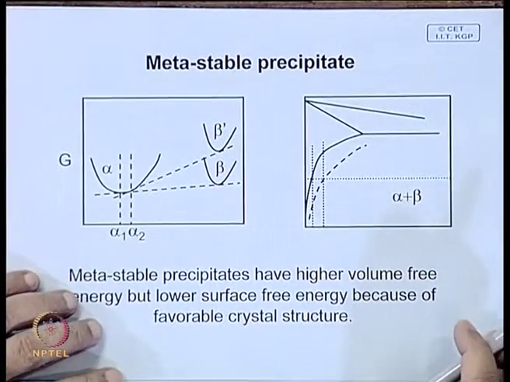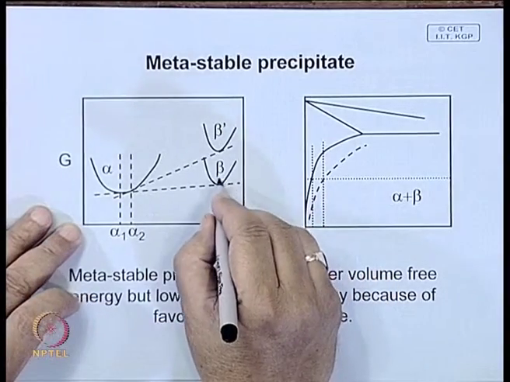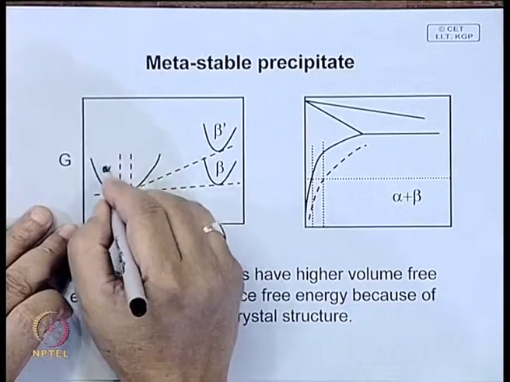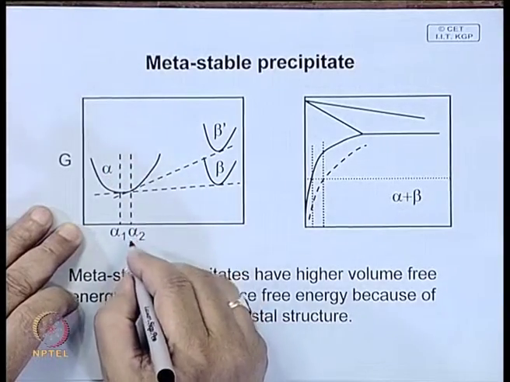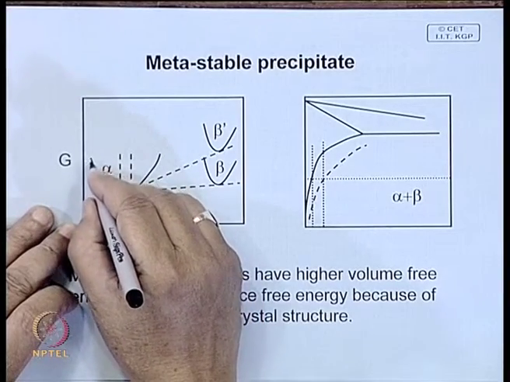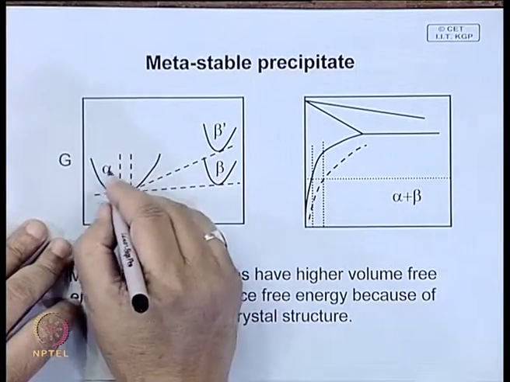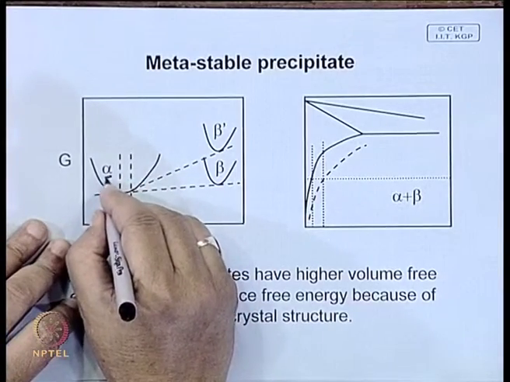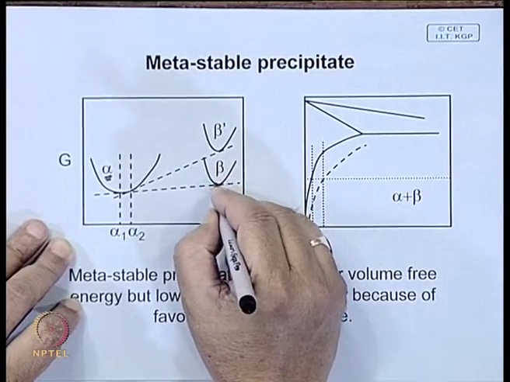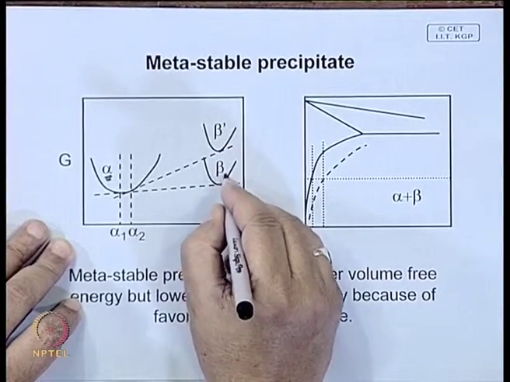Now, last class we introduced the concept of metastable precipitate. Suppose this is the solid solution, the supersaturated alpha. So, suppose this is the free energy composition diagram for the phase alpha, which is the matrix, and this is the free energy composition diagram for the precipitate phase beta.